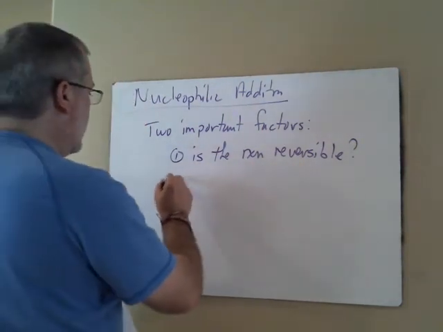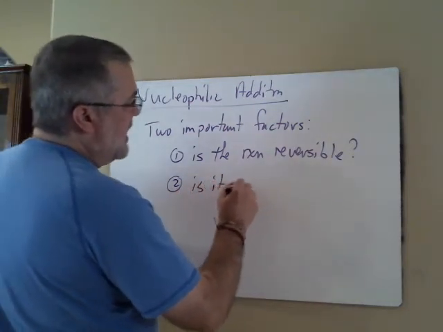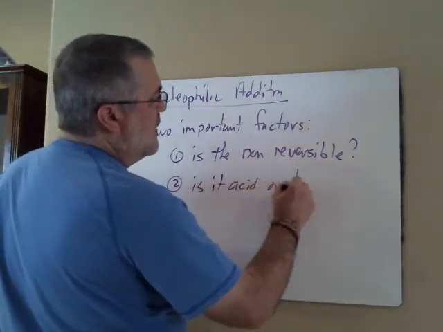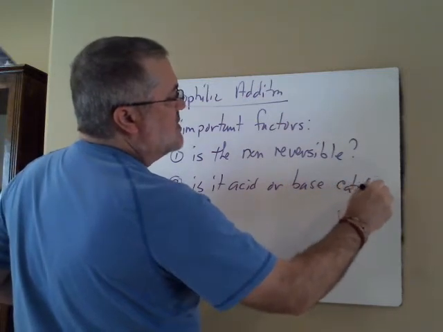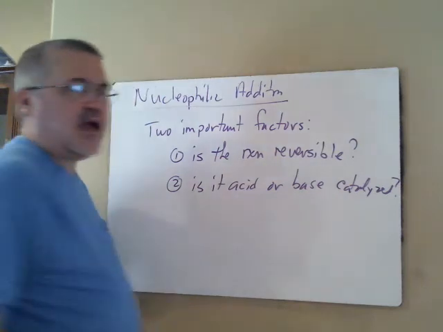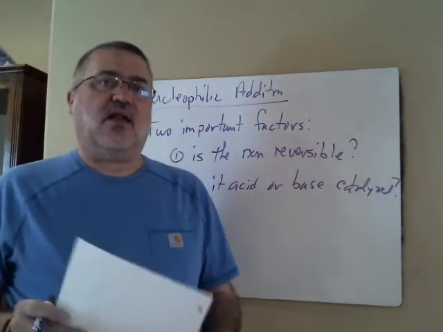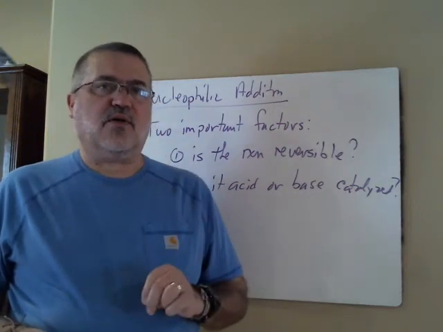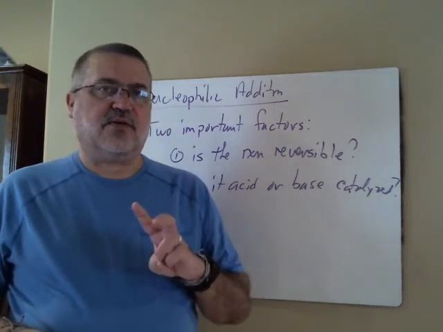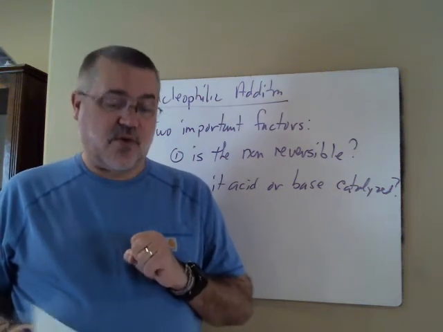And the second one is: is it acid or base catalyzed? Because these reactions typically require either base or acid to catalyze them. And so each time we look at a reaction, we're going to ask ourselves these questions, or I'll rely on you to ask yourself the question about them.